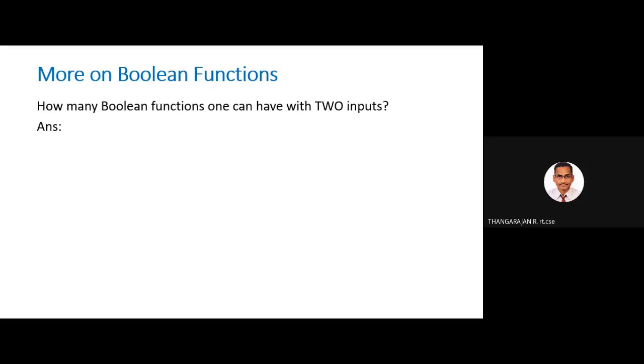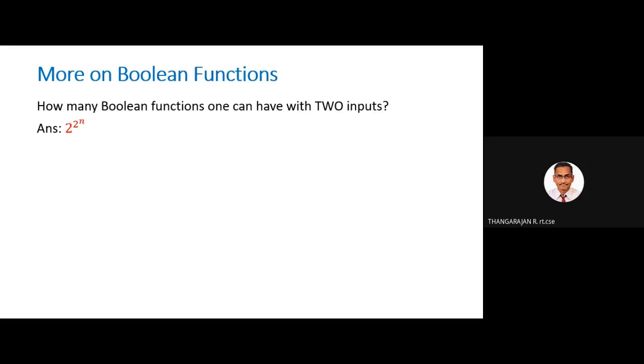If there are n inputs, how many Boolean functions can we have, like AND, OR, XOR, NOT? You can see that totally you can have 2 power n number of Boolean functions.